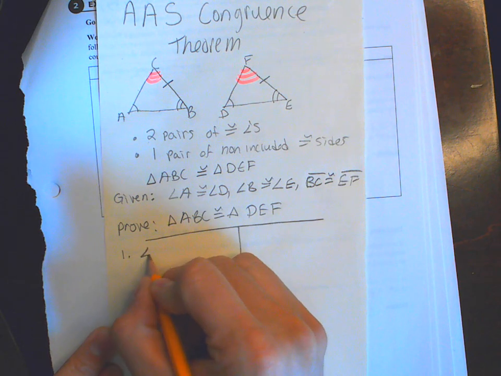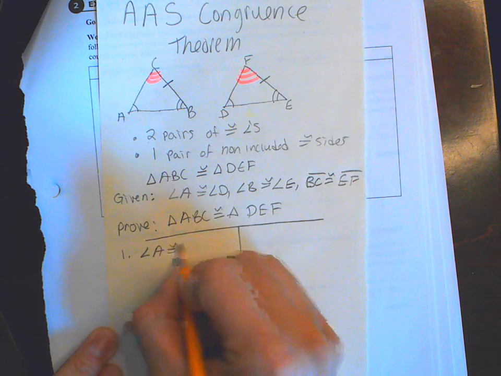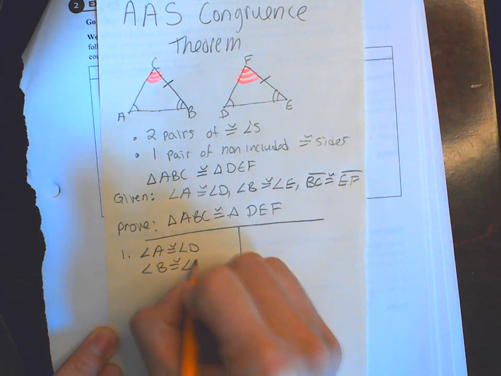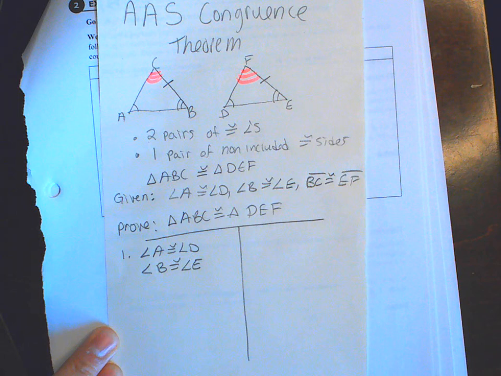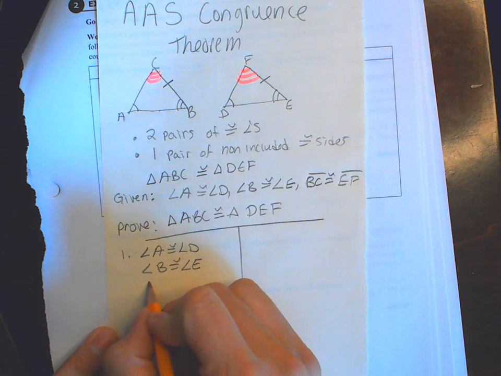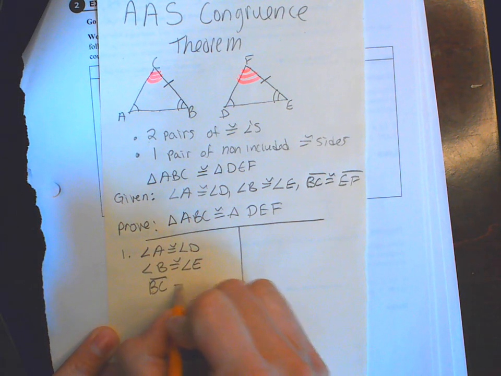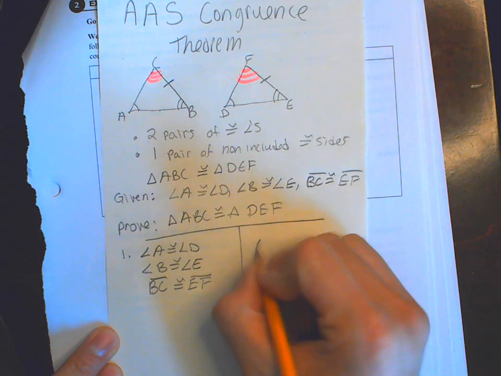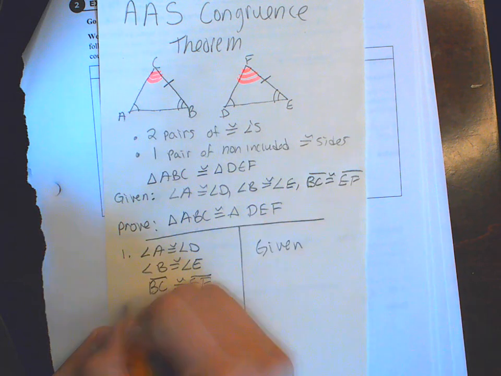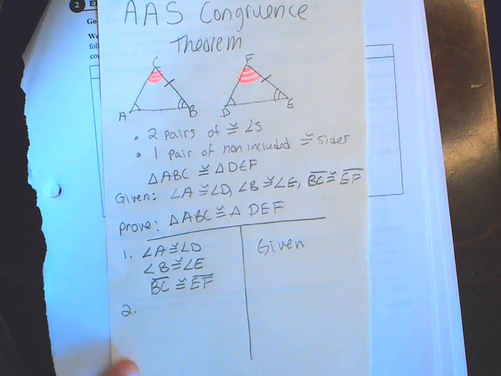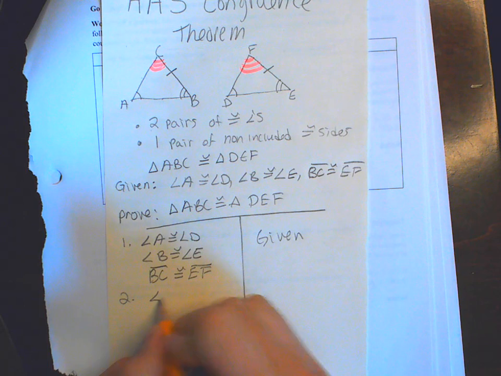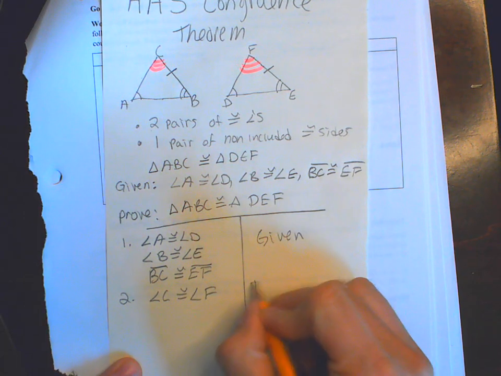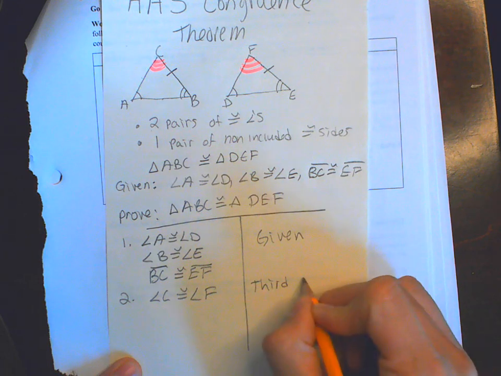Okay, what is given? Angle A is congruent to angle D. Angle B is congruent to angle E. And BC is congruent to EF. All of this is given. So now the next thing is that angle C is going to be congruent to angle F. Why? Because of the third angle theorem.